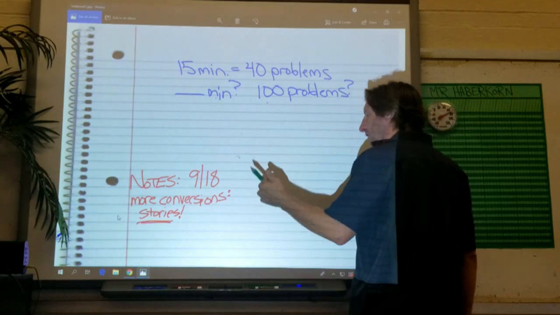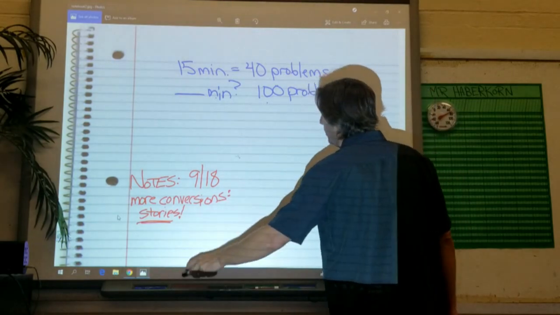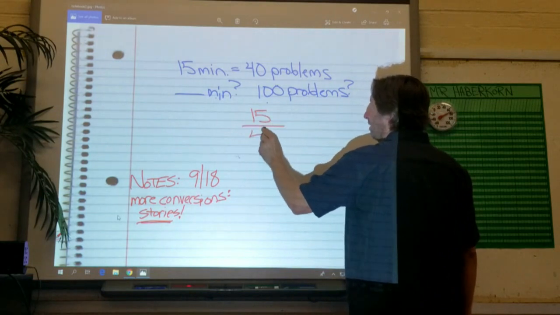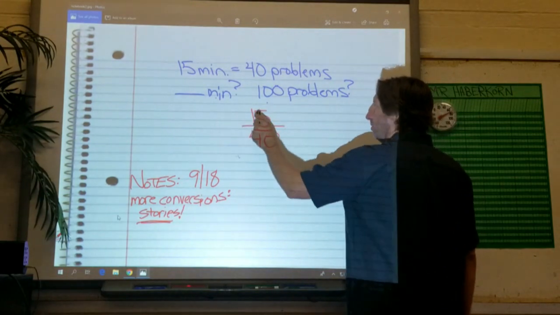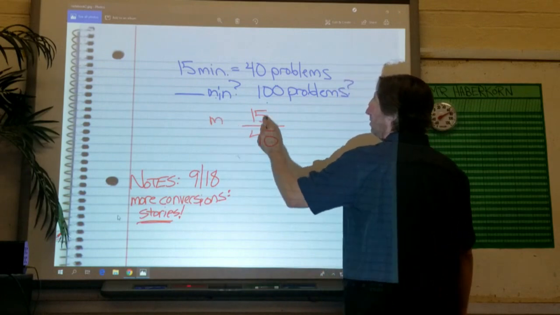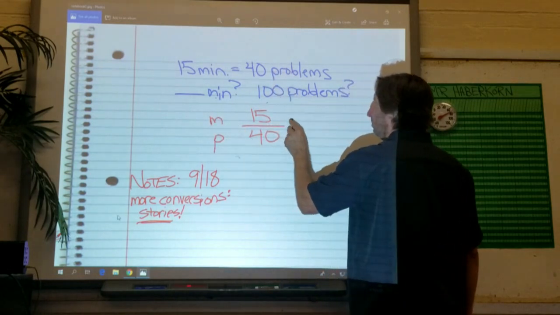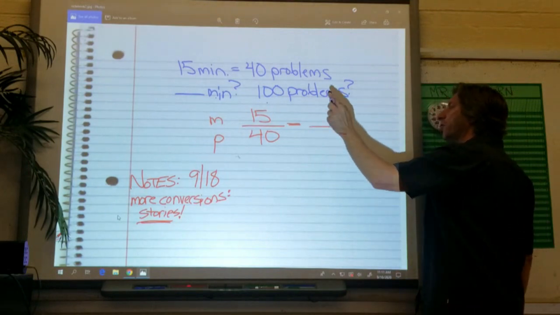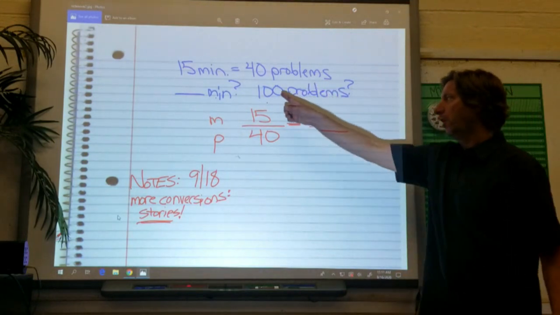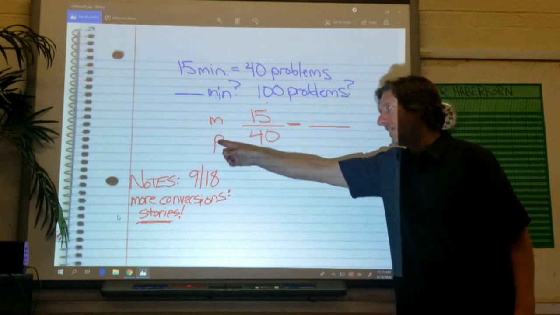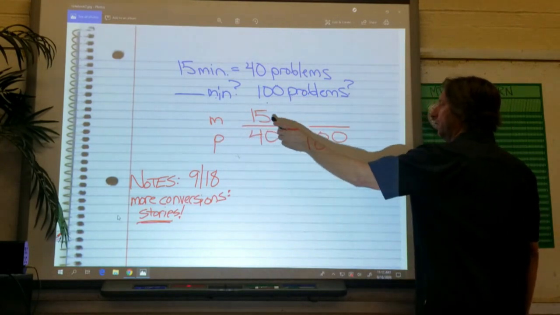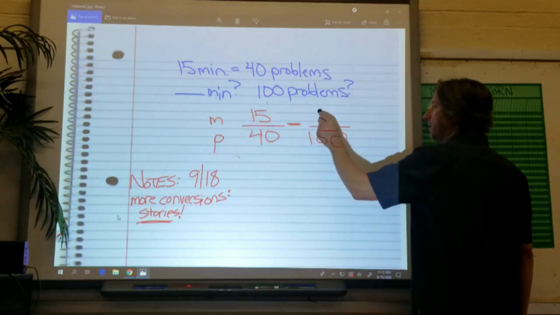So our best way to do this is to use a proportion, just like we've been doing. 15 minutes over 40 is our first fraction, and label it 15 minutes, 40 problems. Then if it says 100 problems, I know whether that 100 goes on the top or the bottom. 100 problems, up there's the letter P, it goes down here. And up on top, we don't know how many minutes, so I'm going to put an M.